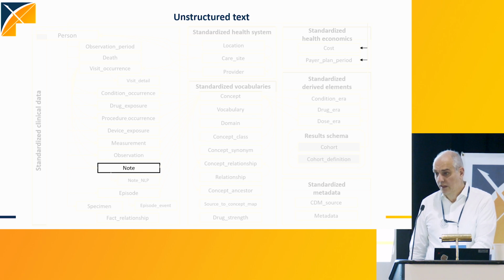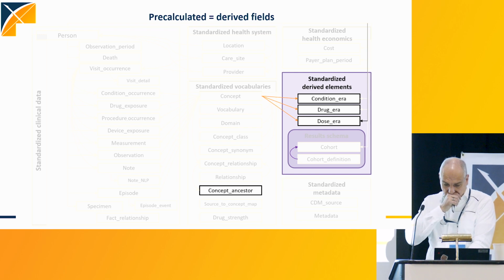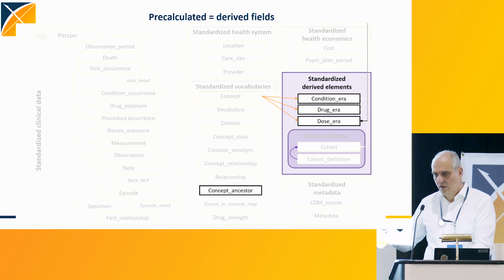Most people don't populate this because it inevitably is not anonymous information, because it talks about real people, either the providers or the patients. And then there are derived data, which are for convenience, so you don't have to derive them each time you do an analytic.